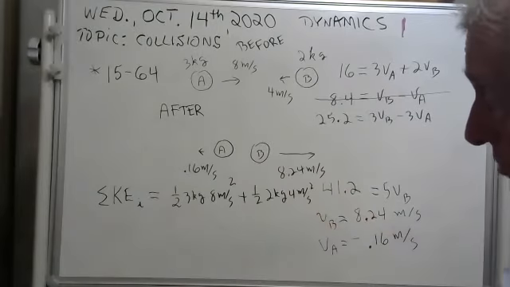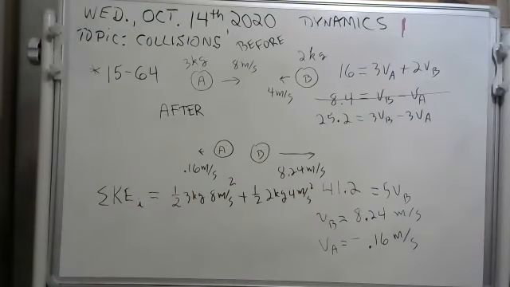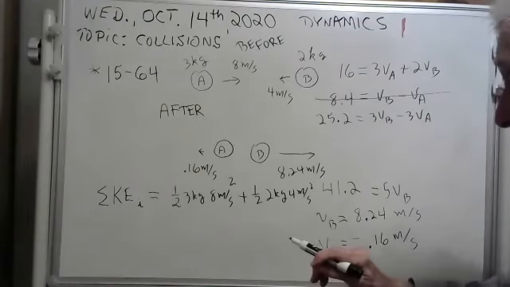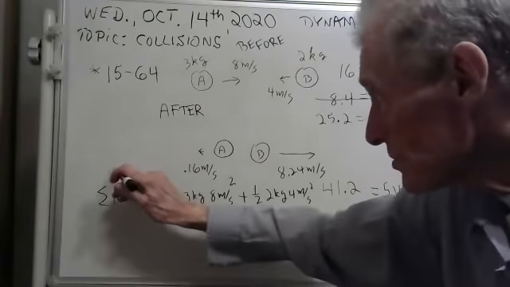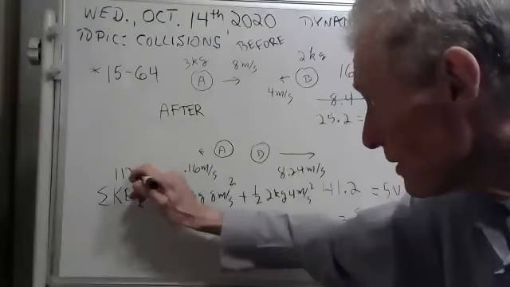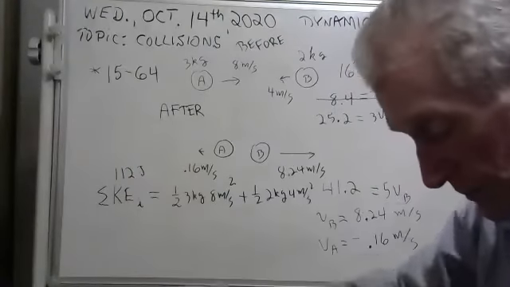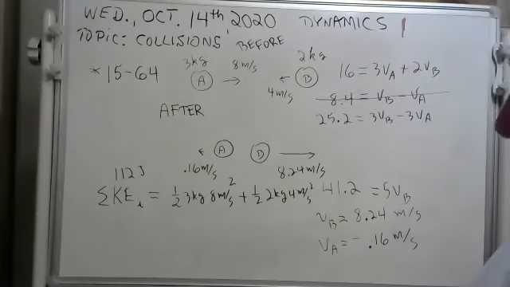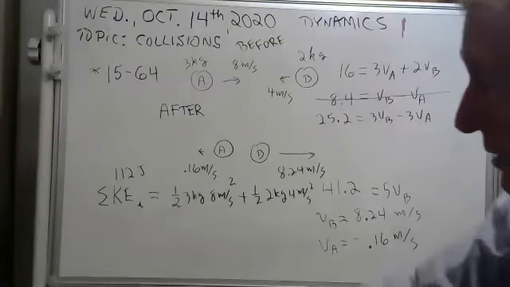Help me get the initial kinetic energy. Here goes. Well, I might have done that right. I'm coming up with the initial kinetic energy is 112 joules. If that's not right, let me know.